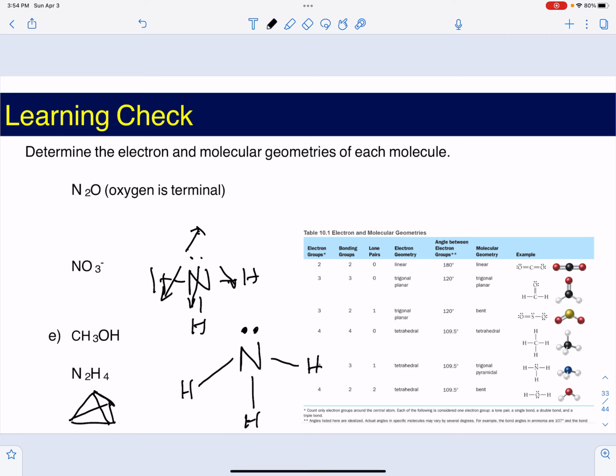And we call this particular shape trigonal, because there's 3 of them, pyramidal, which is the structure that you're seeing right there.